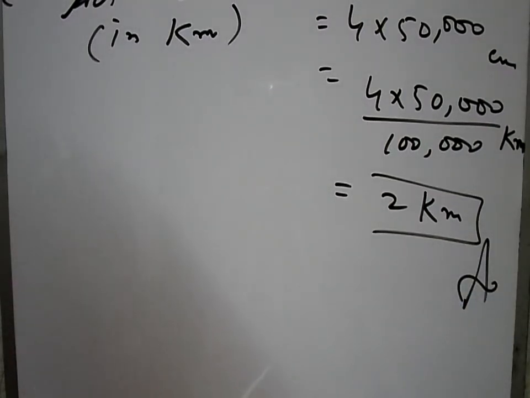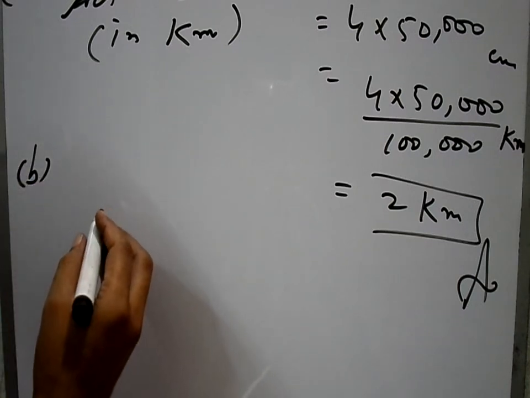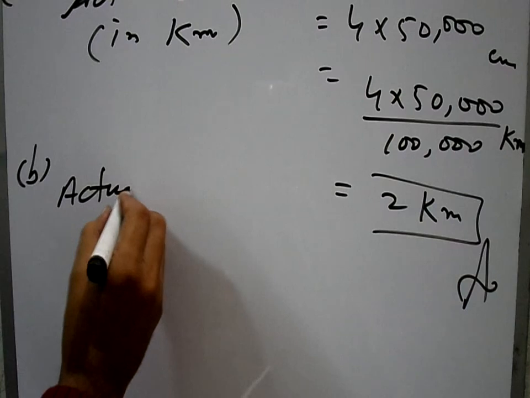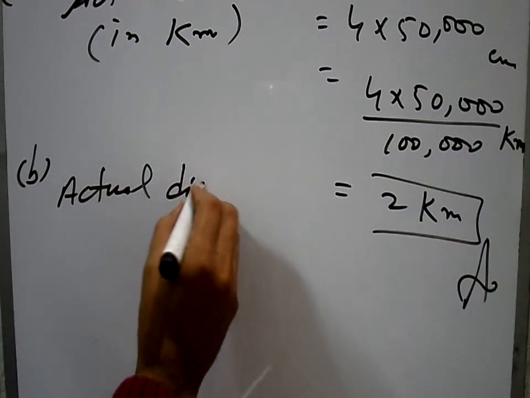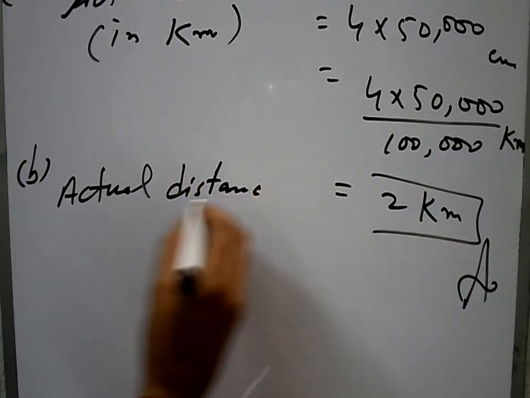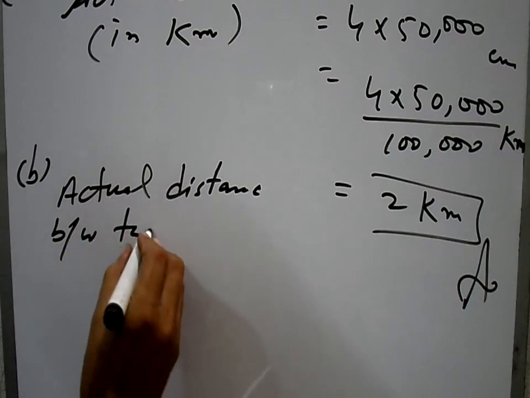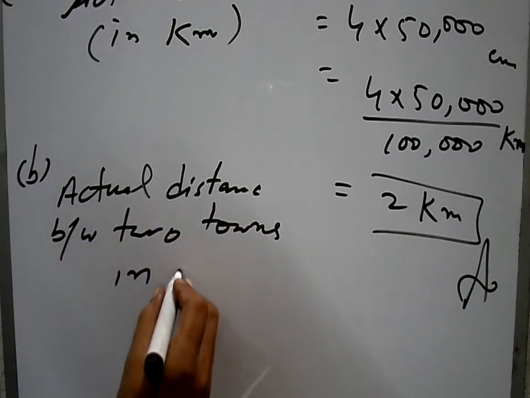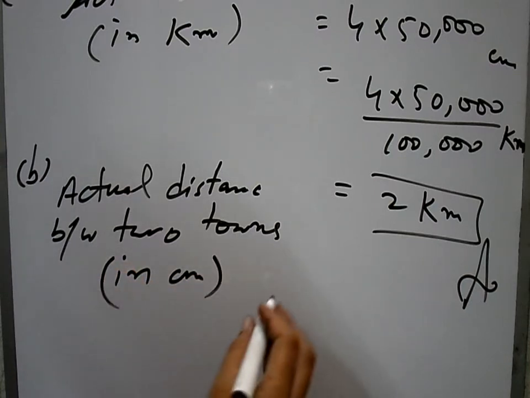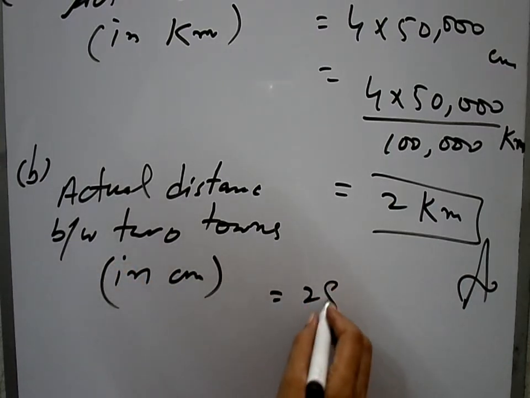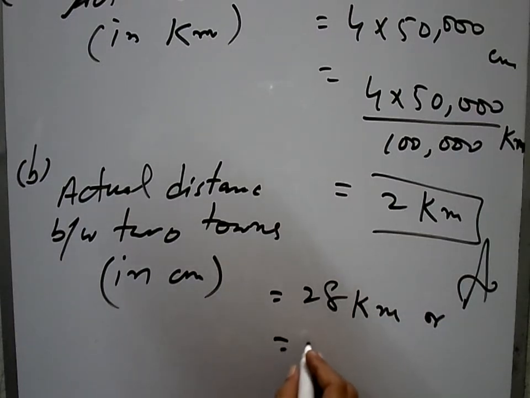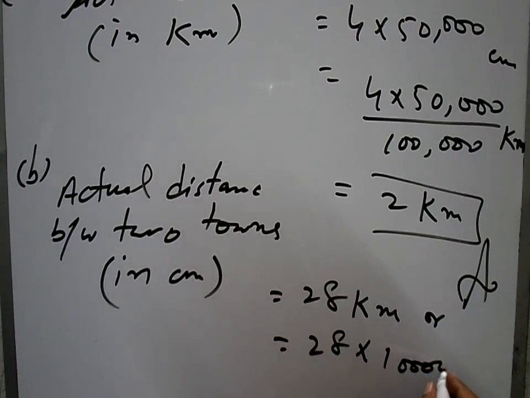But in B part, actual distance between two towns, that is in centimeters, is given to us, that is 28 kilometer, or 28 multiplied by 100,000.